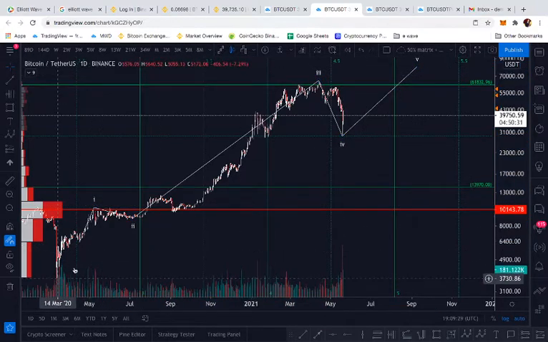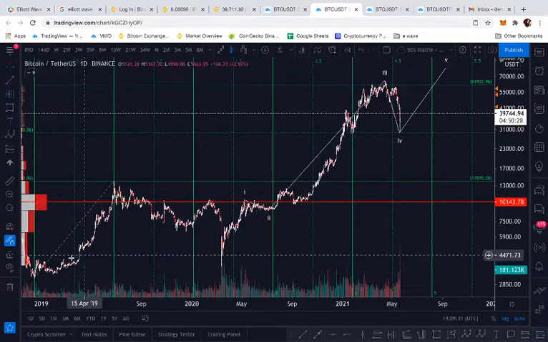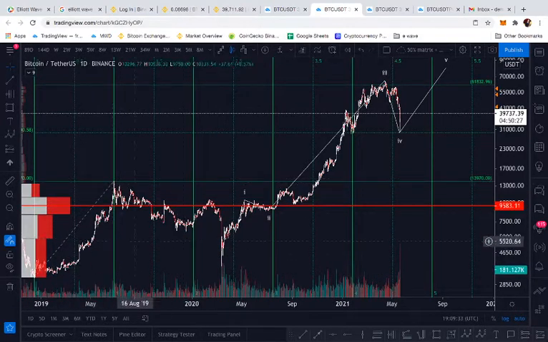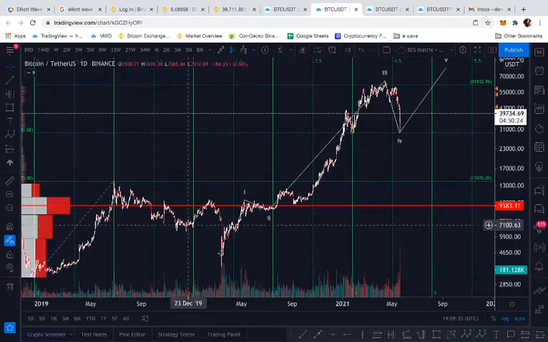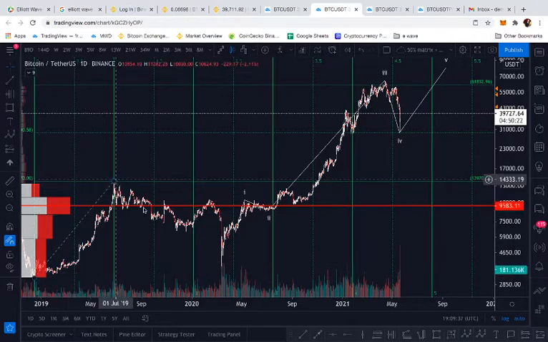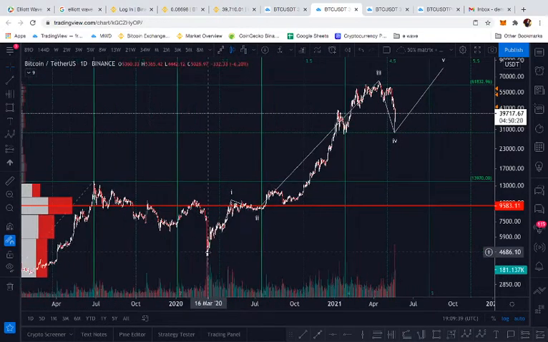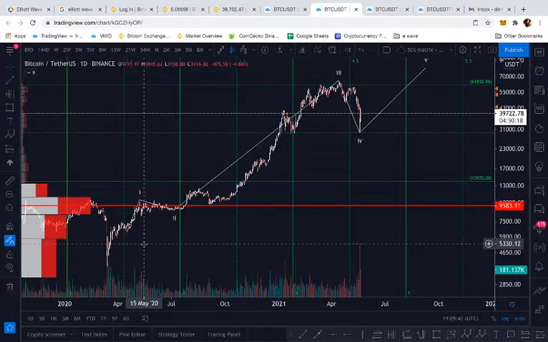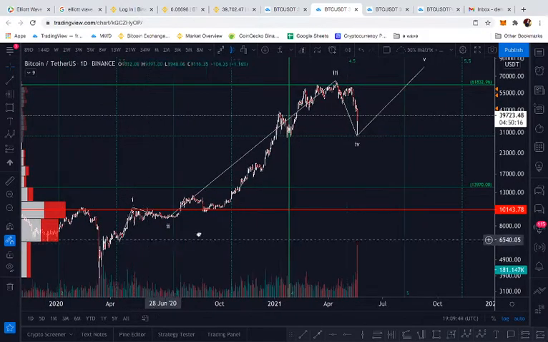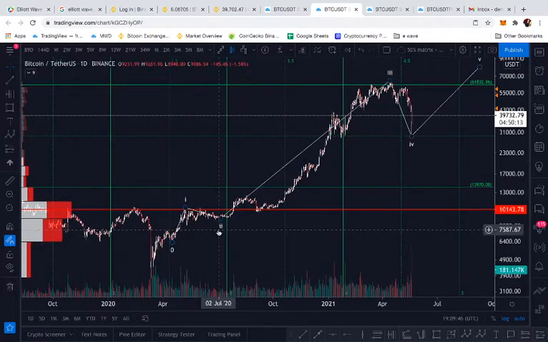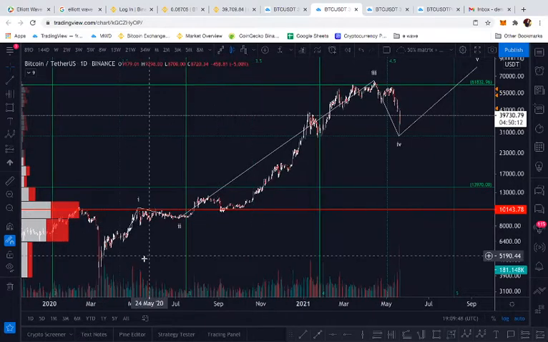I believe that on a macro level this is either an A and a B, or a 1, 2. We'll get into the rules of Elliott waves pretty soon.